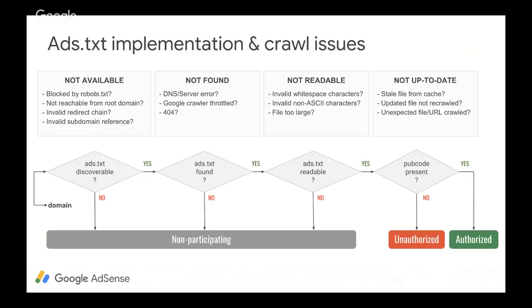Also, make sure the crawling is not disallowed by robots.txt. Make sure it's turned on correctly. Ensure the file is returned with an HTTP 200 OK status code. So you might need to make sure the file has an HTTP 200 OK status code.